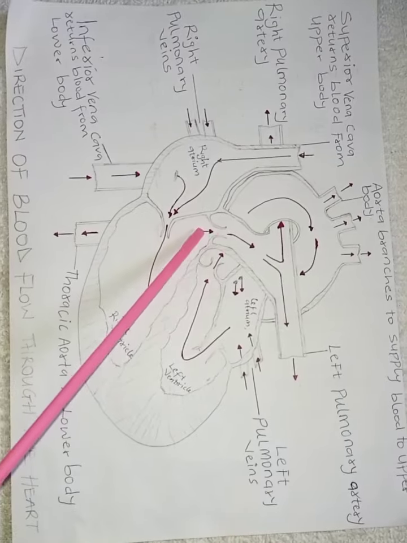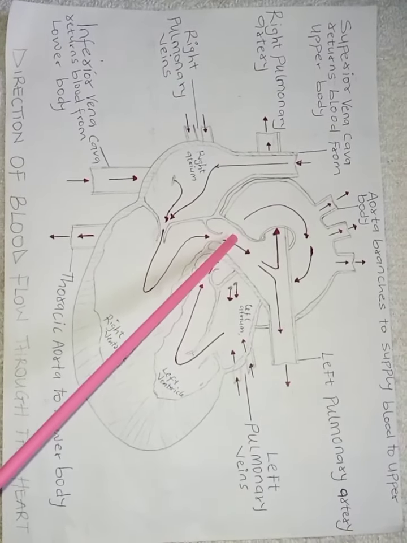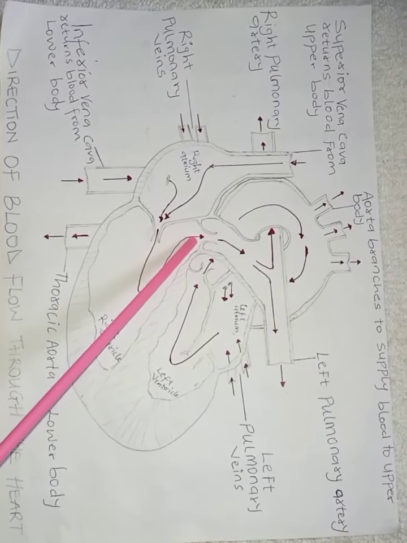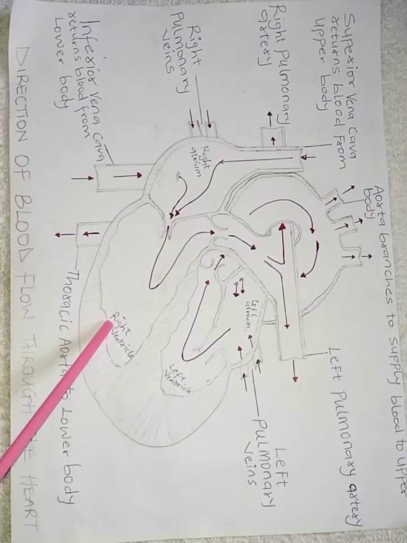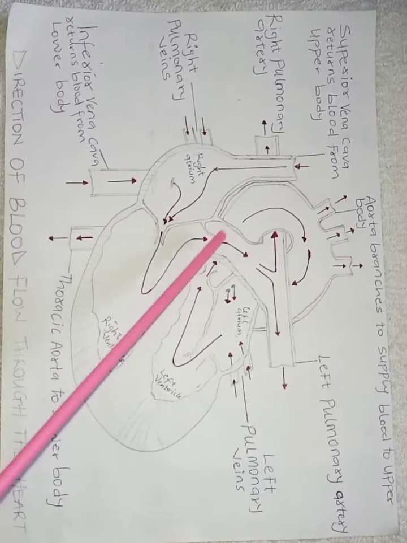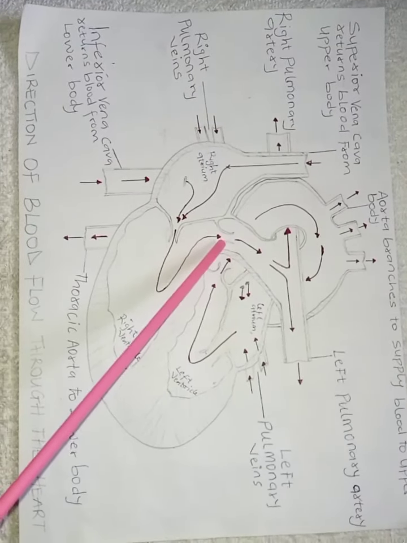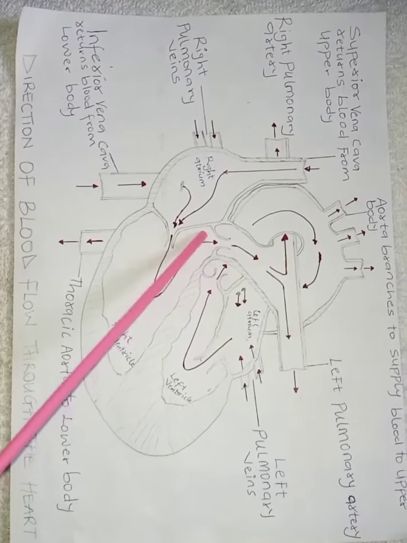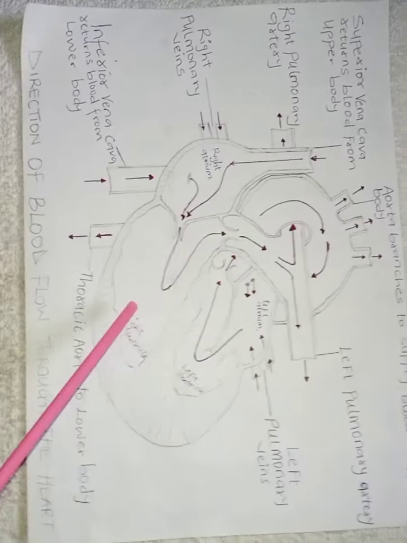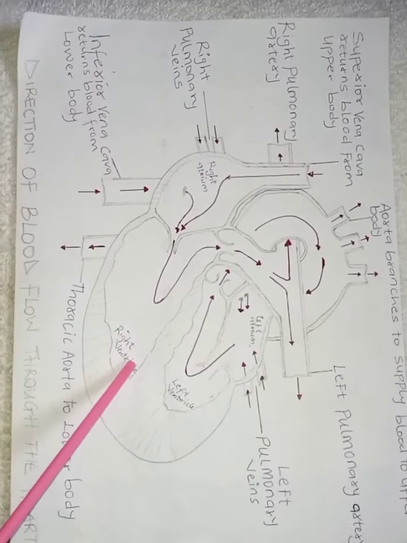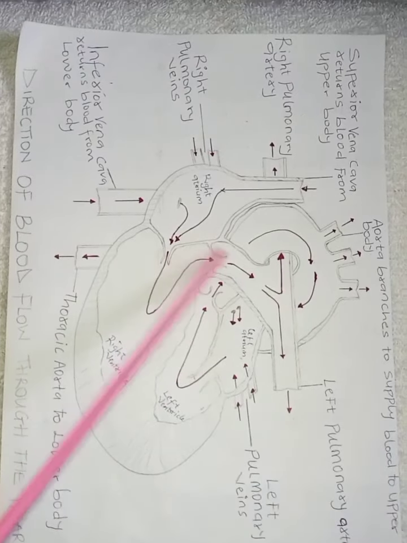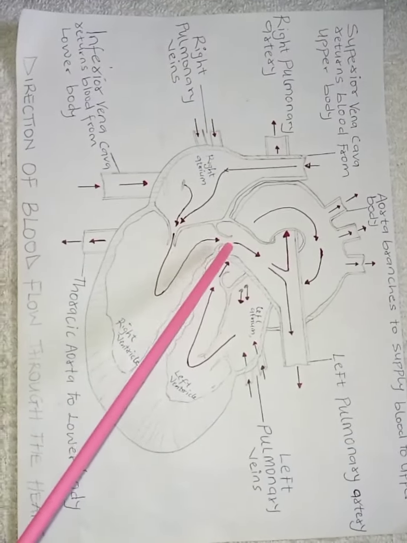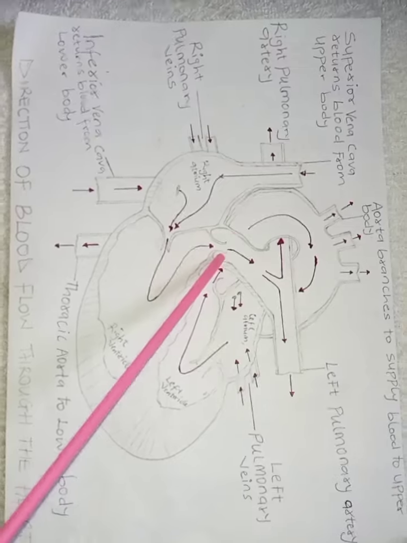through the pulmonary valve, the pulmonary semilunar valve. When the walls of the right ventricle contract, it causes the pulmonary semilunar valve to open and the blood flows from the right ventricle into the pulmonary trunk, and this valve closes.